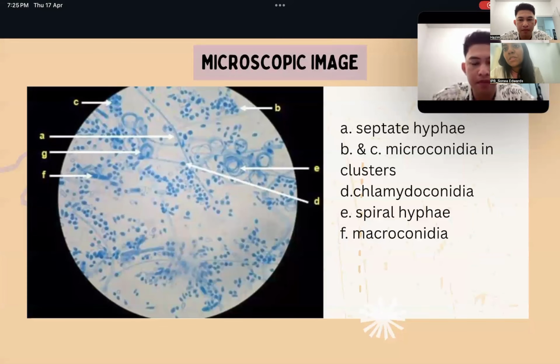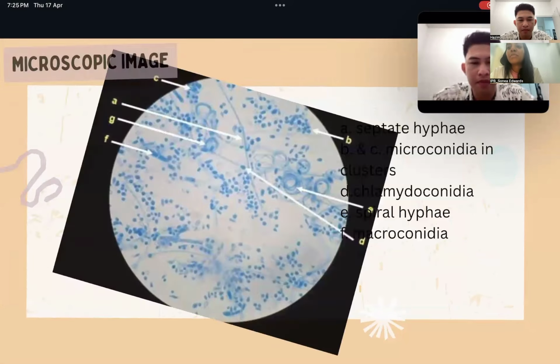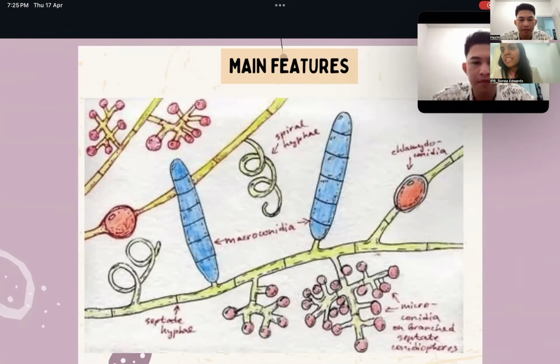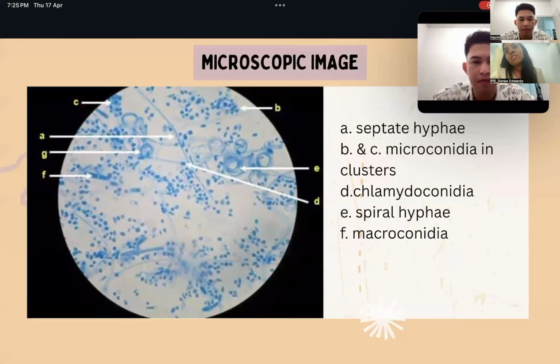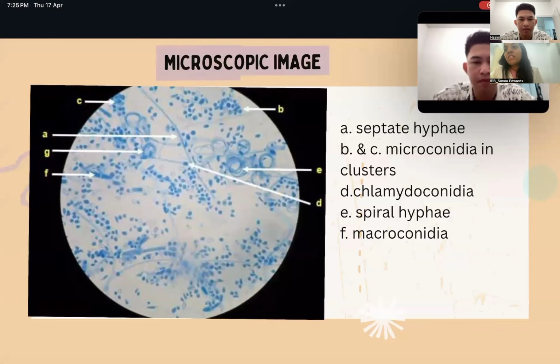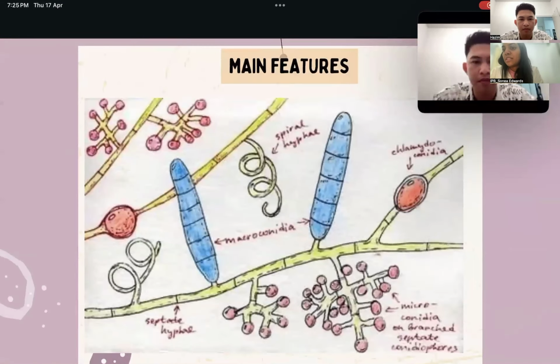But in the previous picture, you can't really see the septate hyphae under the microscope, but they have the septate hyphae. And then you can see also the cluster of the microconidia, which is like branches and clustered, as you can see in the microscopic image. Also, it's clustered together. So I hope this illustrated image will make you understand further.